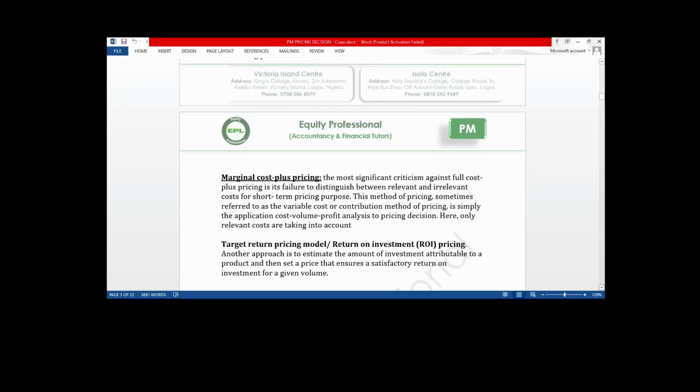For this method, the total amount of investment attributable to a product is calculated. The total investment to achieve production is calculated, and a percentage return on investment is calculated.